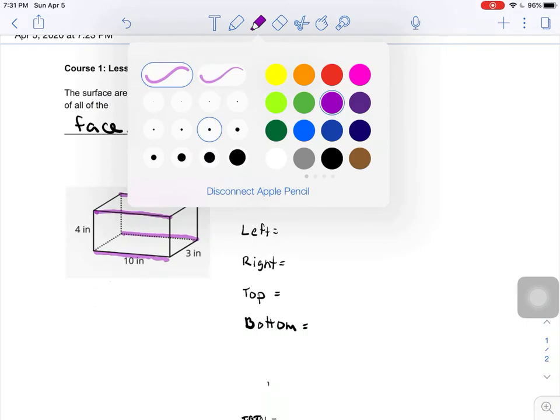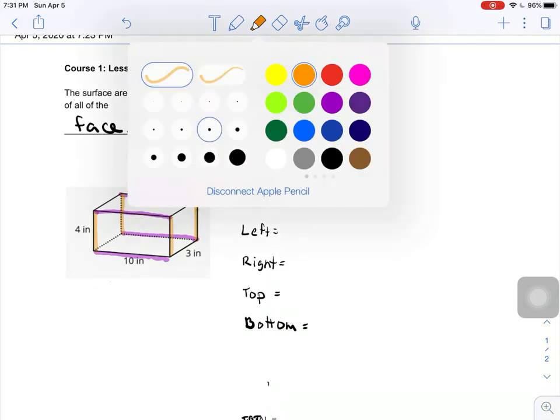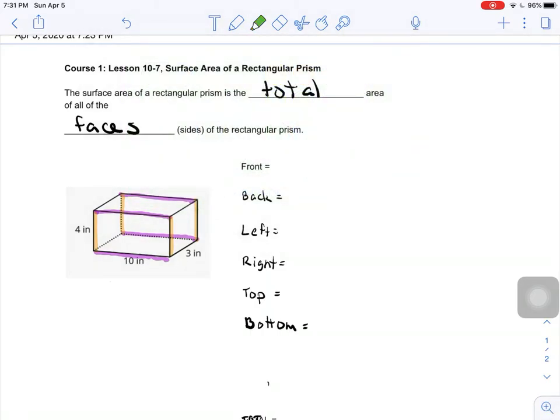We can go through and we can do that with some of our other sides too. So the box has a height of 4 inches. So that side is labeled, but that means that all of the other sides that are running the same direction as that are also going to be 4 inches, even though the 4 inches isn't written out. So we have to remember that because it's going to help us in just a minute. And then again, the length of the box is 3 inches.